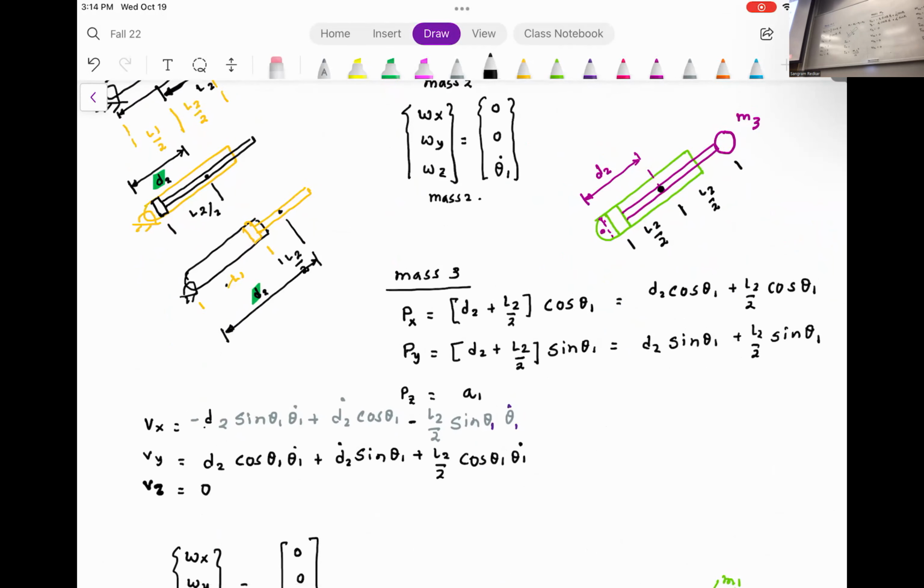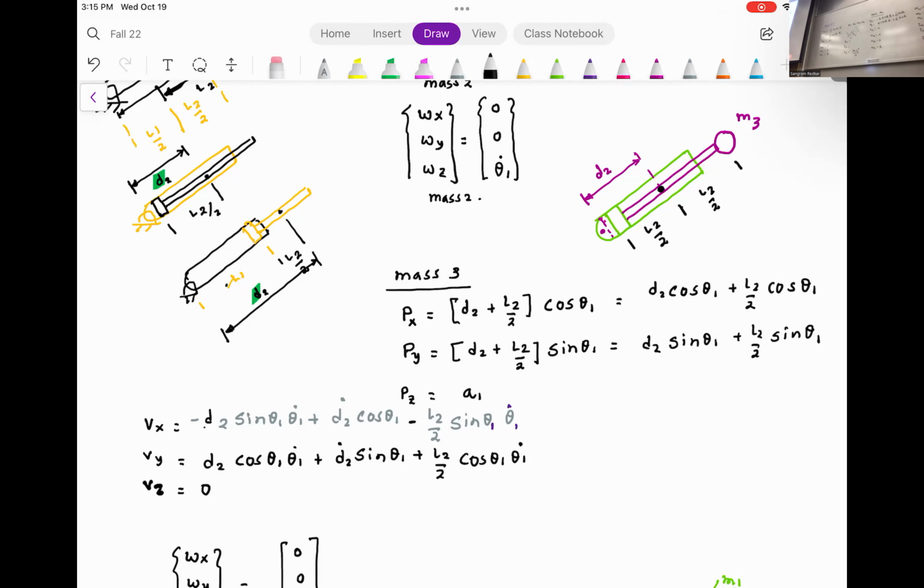Why, with mass M2, does the inertia in Z depend on L1? Isn't that the length of the other segment, L2? And why does it not have any rotational speed about Z? Oh, theta 1 dot.